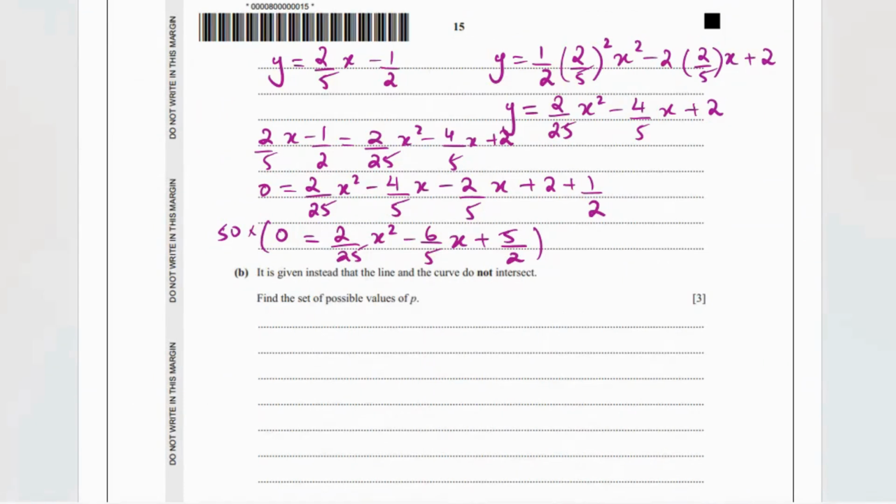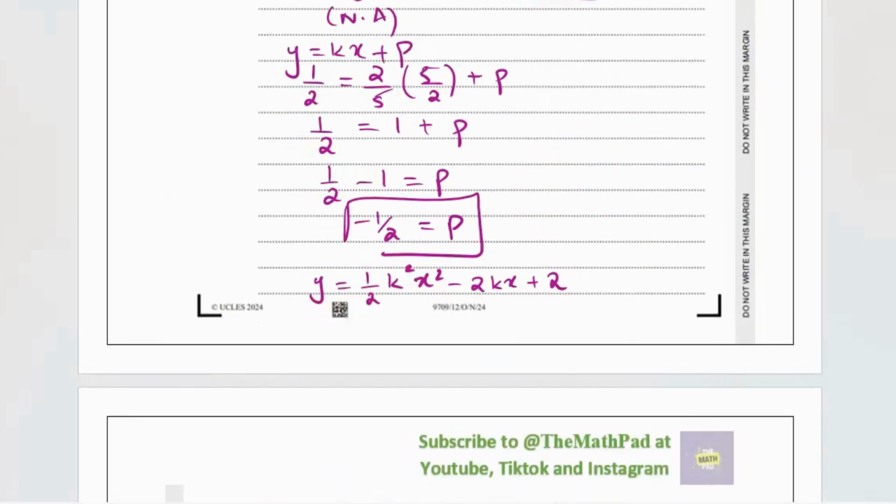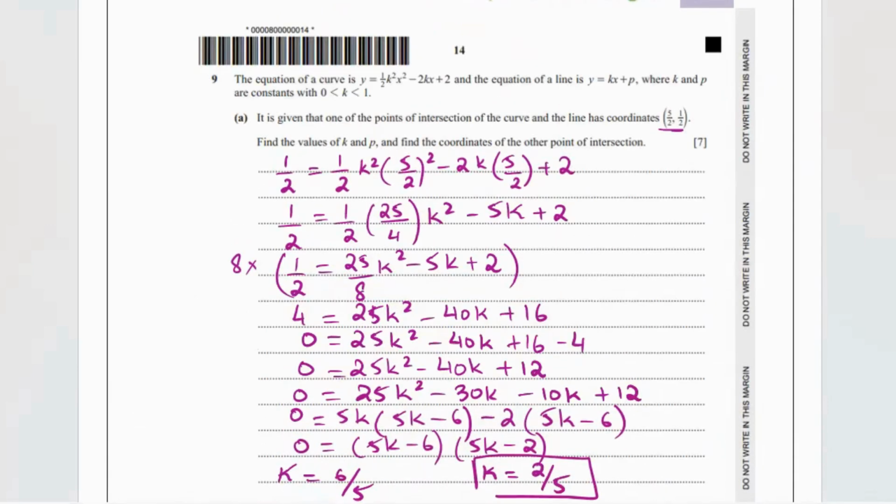So let's use this equation: y equals 2/25x squared minus 4/5x plus 2, and the linear equation is going to be y equals 2/5x plus b.